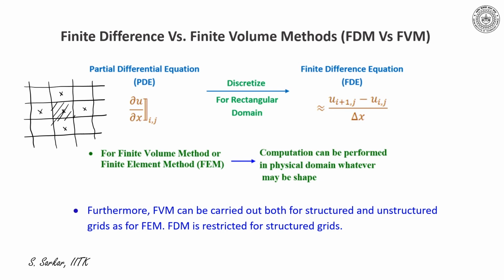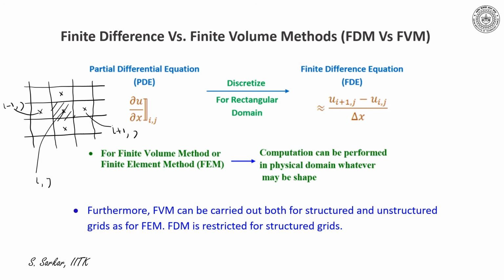And let us consider the center which has been marked by hatching, which is actually the ij cell. Hence the center is represented as ij. These are the indices of the center of the cell which has been hatched. Now the right side cell center would be represented by i plus 1 j, and the left one by i minus 1 j.